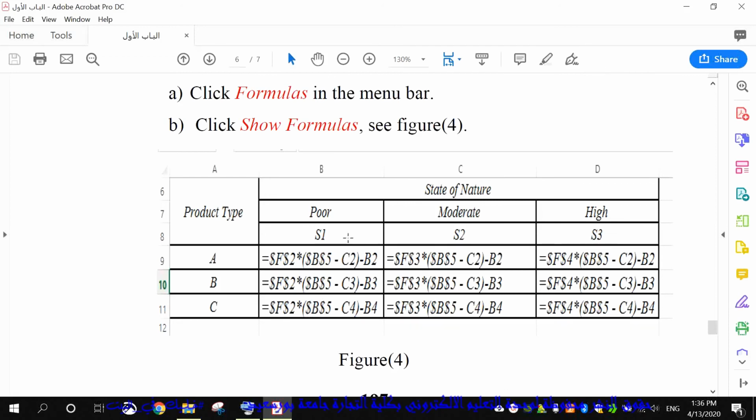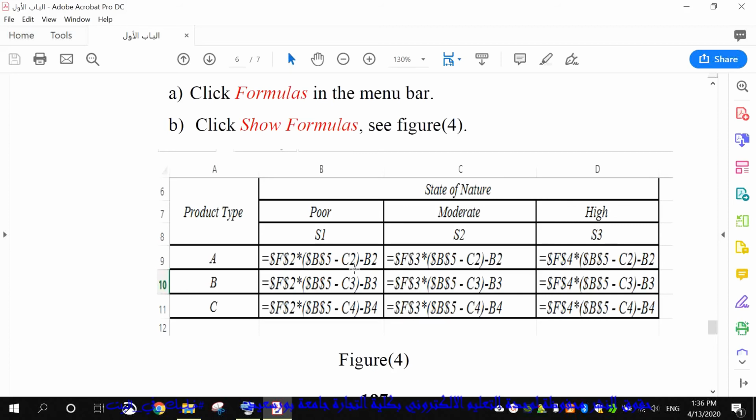But the variable cost in case of A is written in C2, while for the variable cost in case of product B, it is written in C3, and the fixed cost for the product A is written in B2, but in case of product B, it's written in B3.